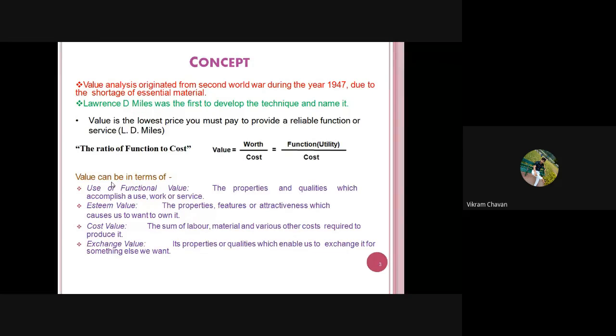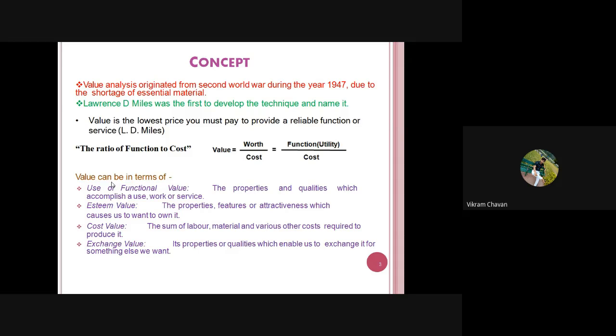If you book a room in a hotel, you use the facilities available in that room and you pay for that, so that is functional value.